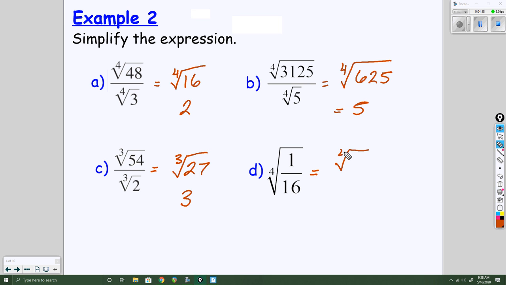We have the fourth root of 1 over the fourth root of 16, and conveniently enough, we can simplify this. The fourth root of 1 is 1. The fourth root of 16 is 2, so that's just 1/2. Awesome sauce. So these are just some basic problems using these properties. And of course, we're going to ramp up that difficulty.